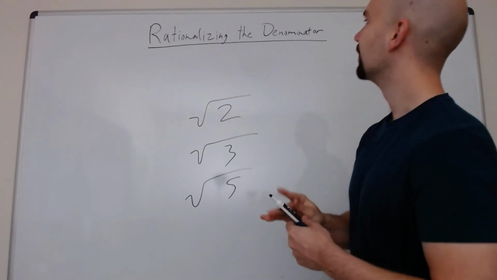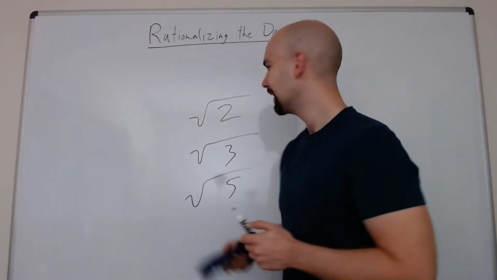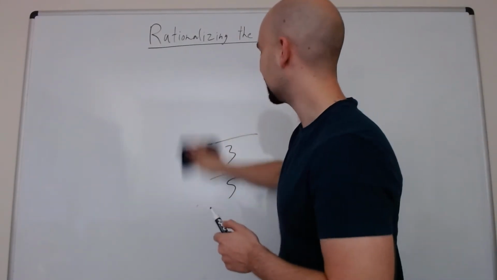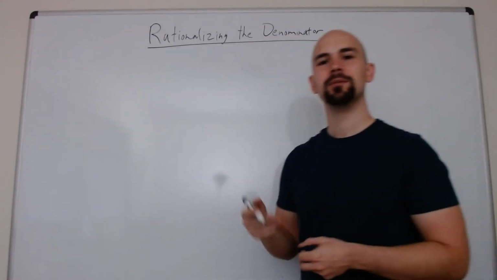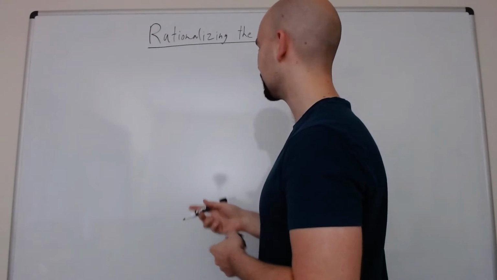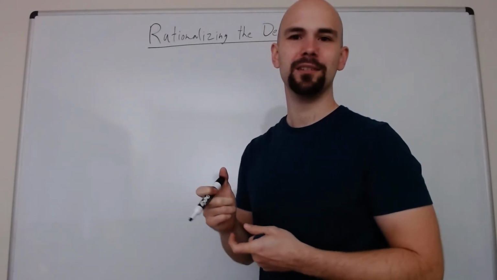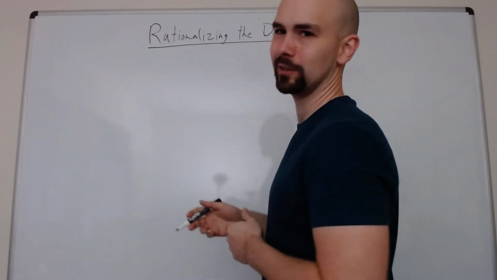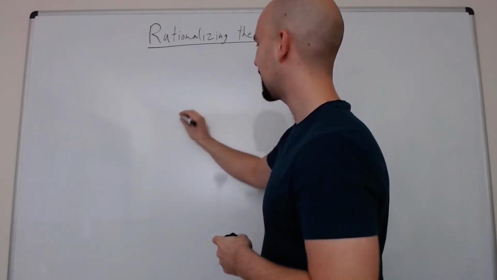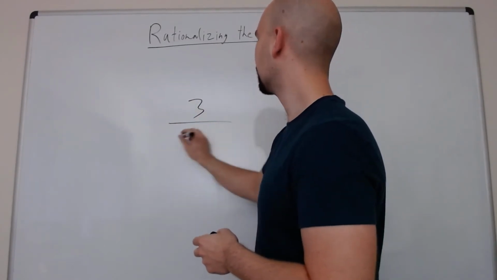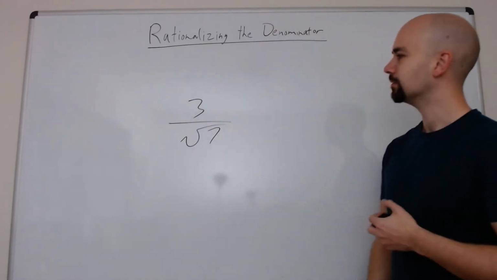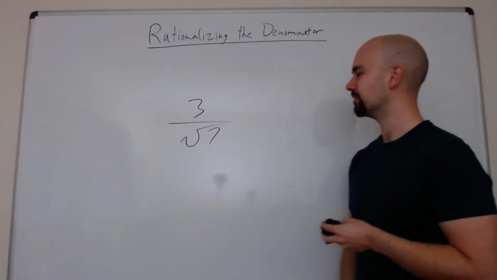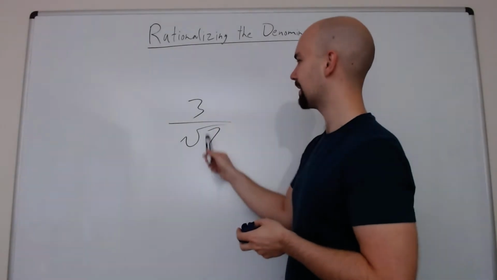So, rationalizing the denominator means, in the case of this lesson, dealing with fractions, making sense of fractions, or converting them into some kind of a form that would look like a rational number. So if I have, I don't know, 3 over the square root of 7. Remember, if a rational number is the fraction of 2 integers, is this going to be a rational number?